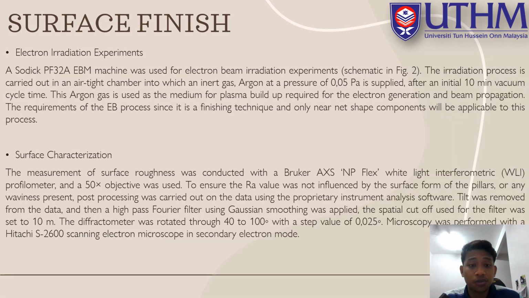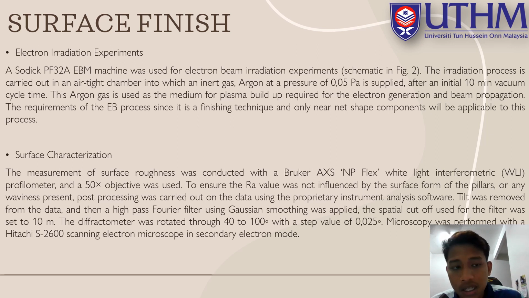Okay, I will move to the second point for surface finish, the electron beam irradiation experiment. So basically, a Sodick PF32A EBM machine was used for electron beam irradiation experiments.